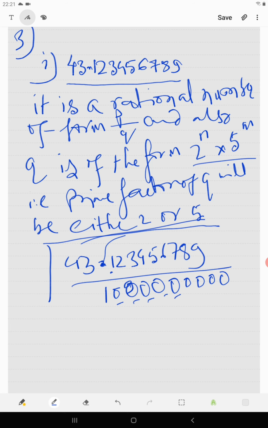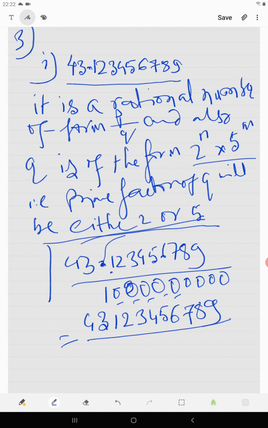So for point 1 comes, and after point there are 9 digits, so 9 zeros. Now this whole thing I can write as 43 1 2 3 4, now we have removed point, that's why I didn't write point, 5 6 7 8 9 divided by 10 to the power 9. Why did I write 10 to the power 9? You check it with the smaller one. 100, there are 2 0s, right? This is 10 square.